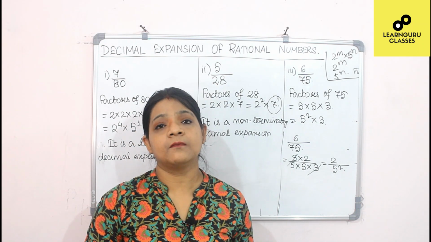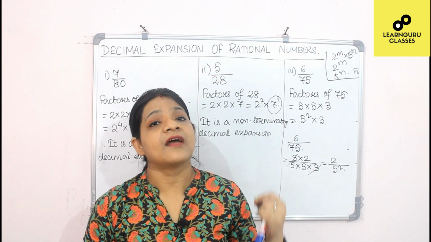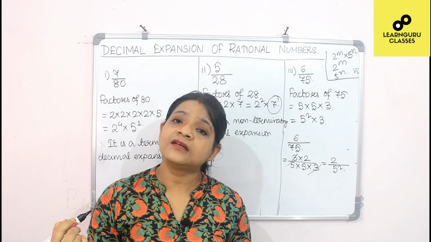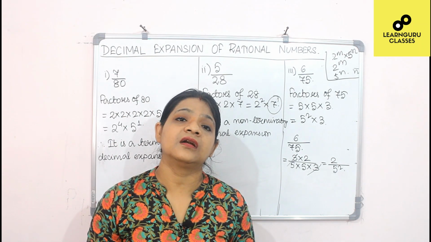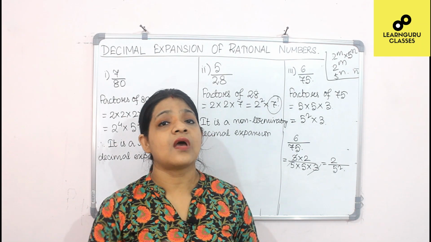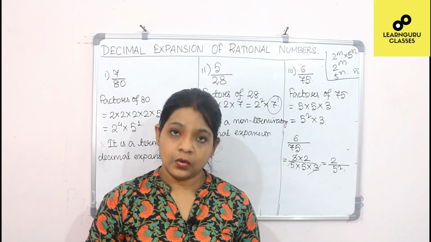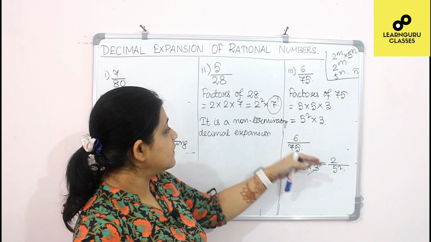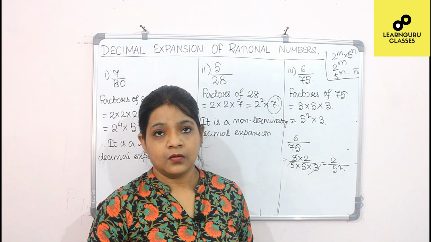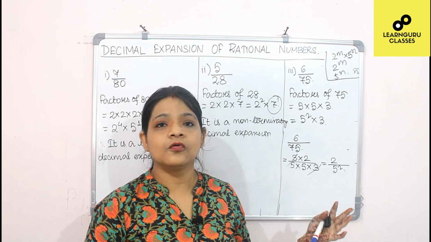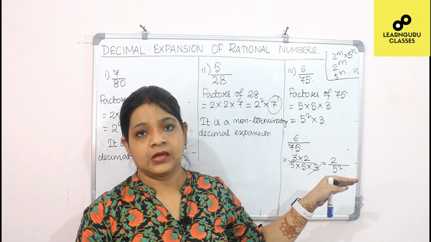If you find common factors in the numerator and denominator, then obviously you have to cancel those common factors. So this is a twist, an exception, a little bit tricky.